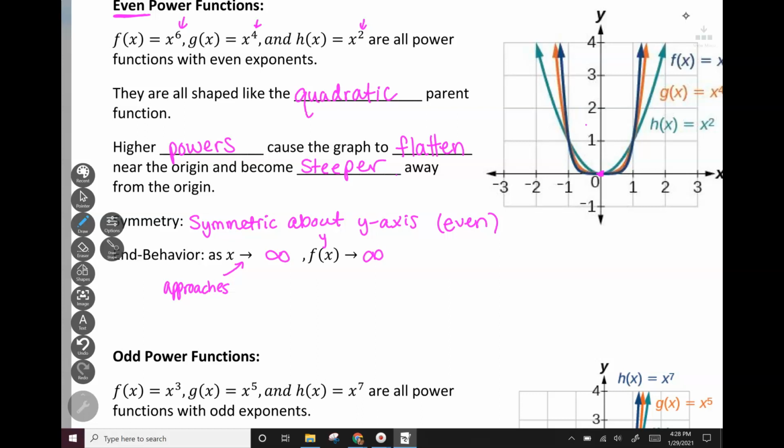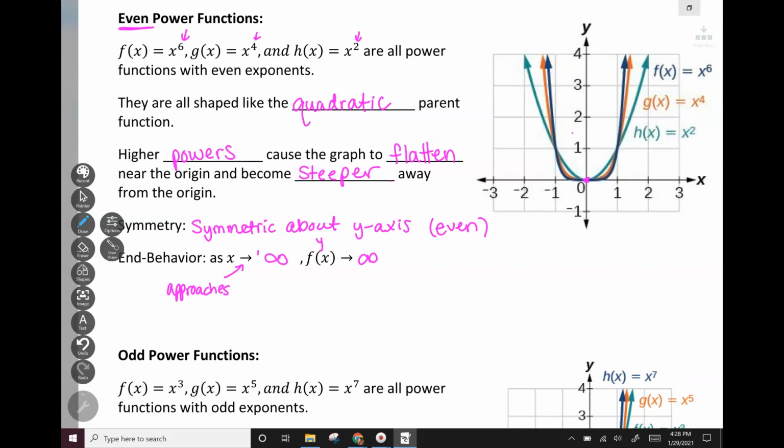So this one we can write as x approaches positive or negative infinity, f of x approaches positive infinity. It doesn't matter which way I go, left or right, my graph is approaching positive infinity. Okay, so that is end behavior.